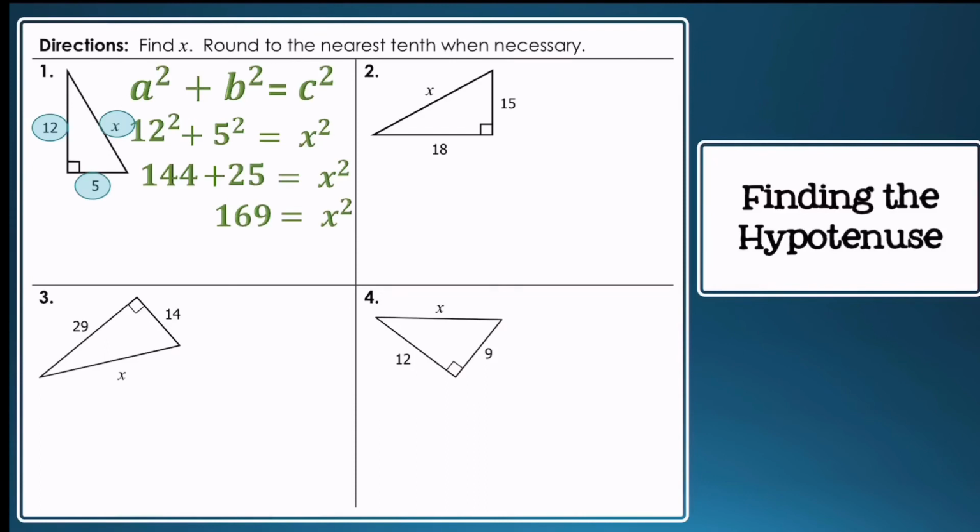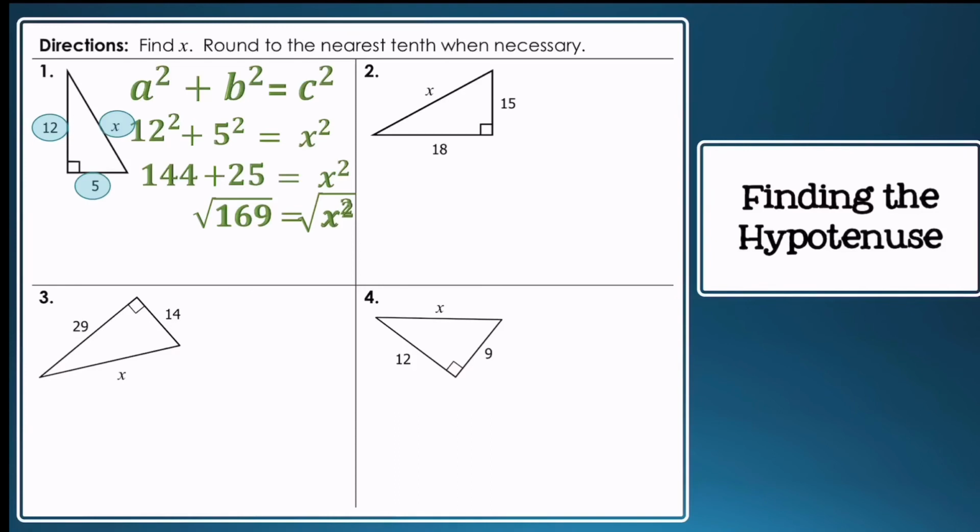Now, most of you might be sitting there saying, oh, I did it. X is 169. No, it's not. That's when I took x and I squared it. So I need to undo a square. To undo something that is squared, I take the square root and I do it to both sides. Okay?